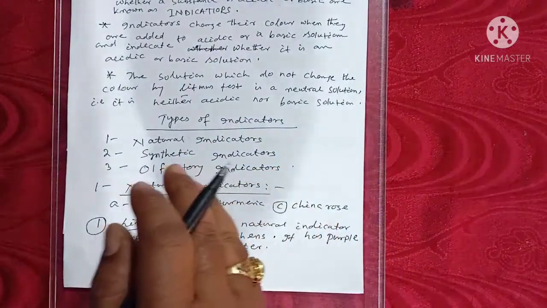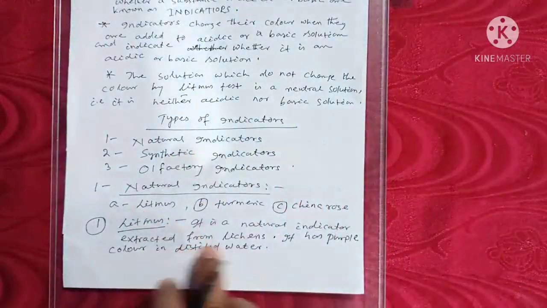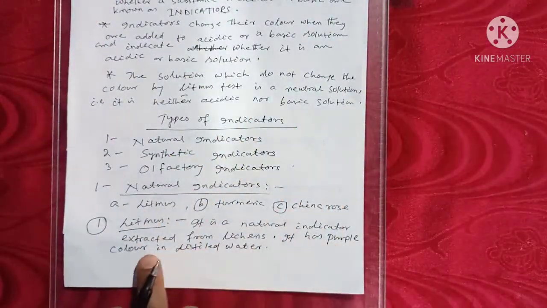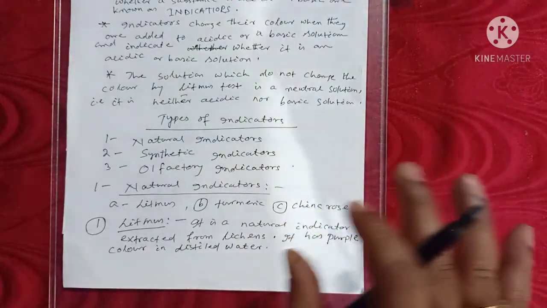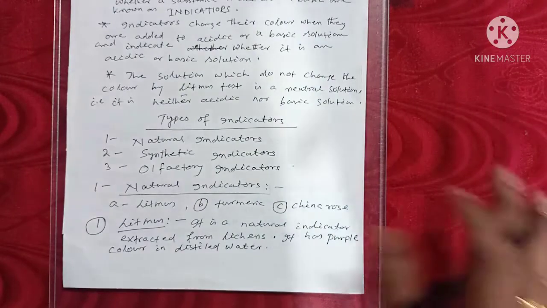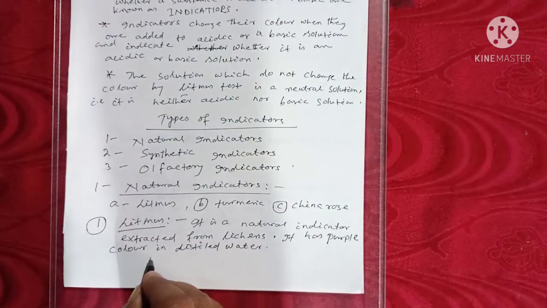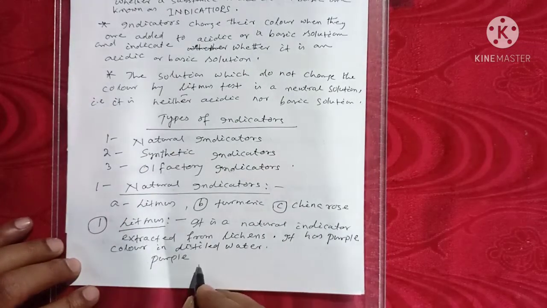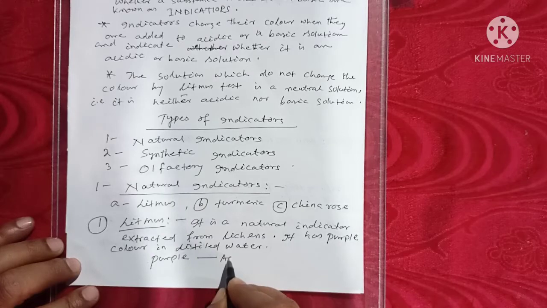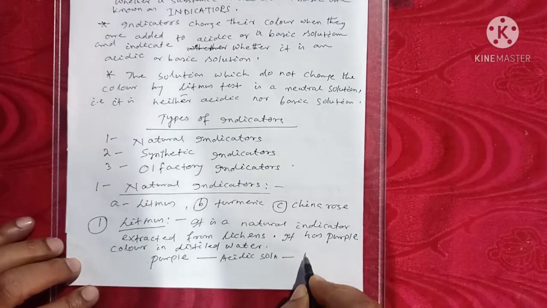When litmus is added to acidic solution, this natural color, the purple color or light pink color, turns deep red.